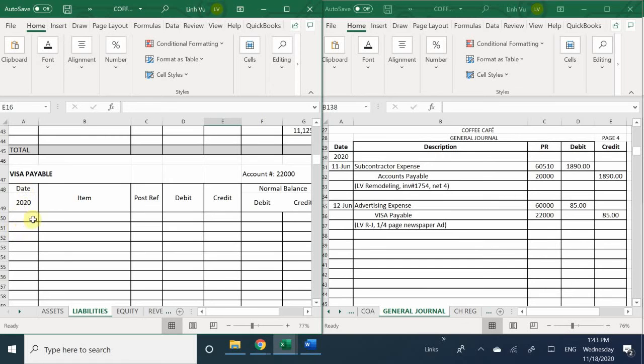Here I'm going to indicate that on June 12th, I'm going to write advertising, 1/4 page news ad, and the General Journal number 4.